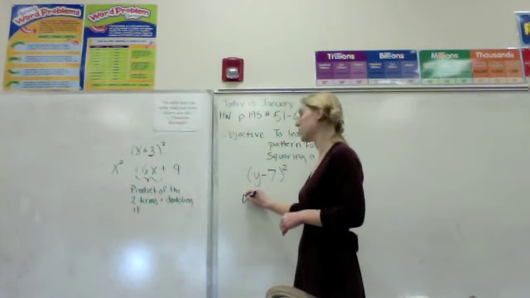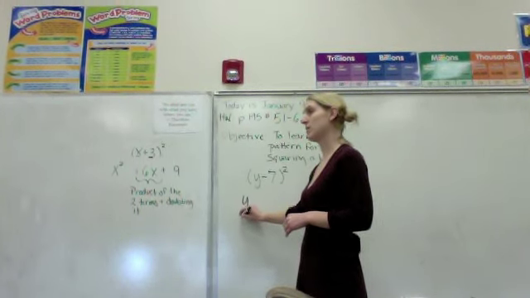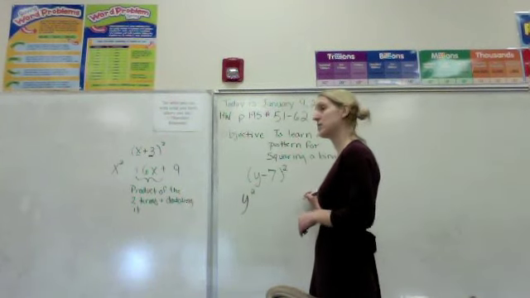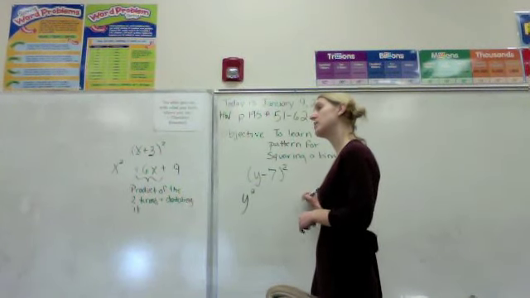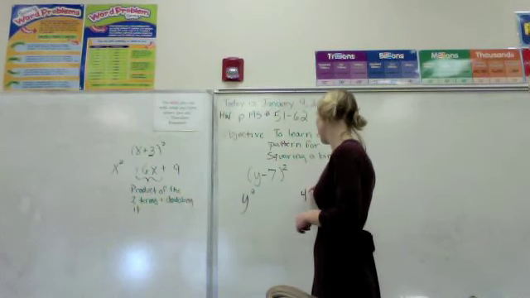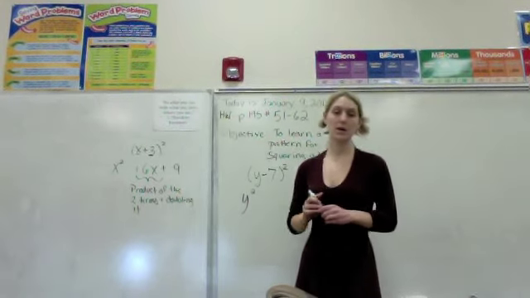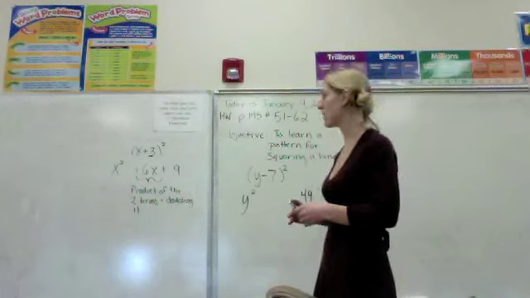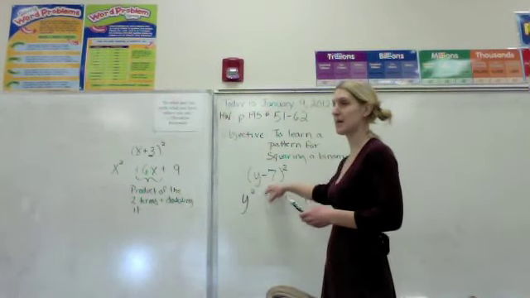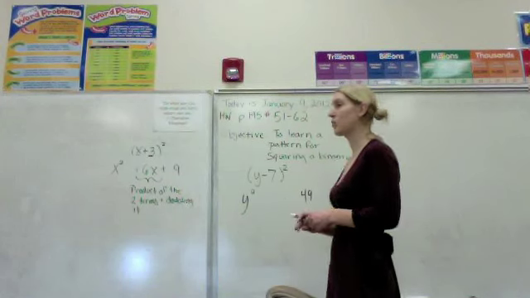So my first term is what? Y squared. And what will my last term be? Square 7, 49. Negative? Positive for right now, okay? Because you're squaring it, and it really becomes negative 7 times negative 7, which is positive 49.